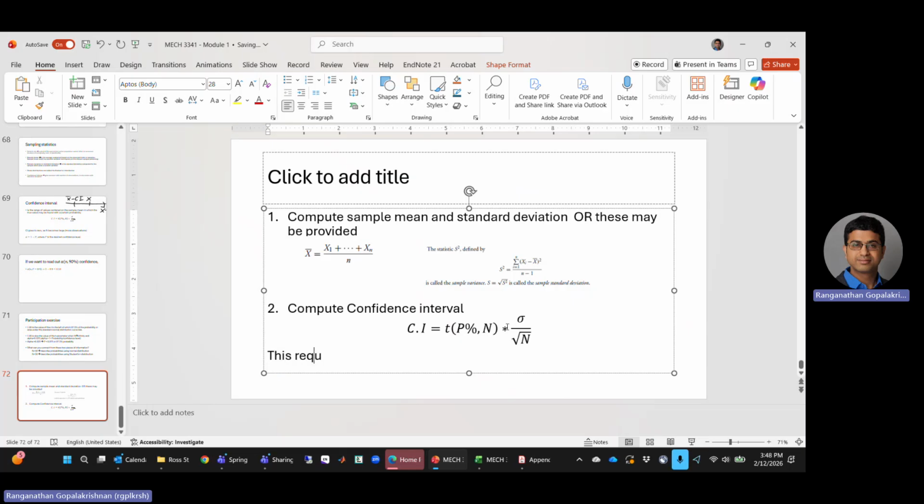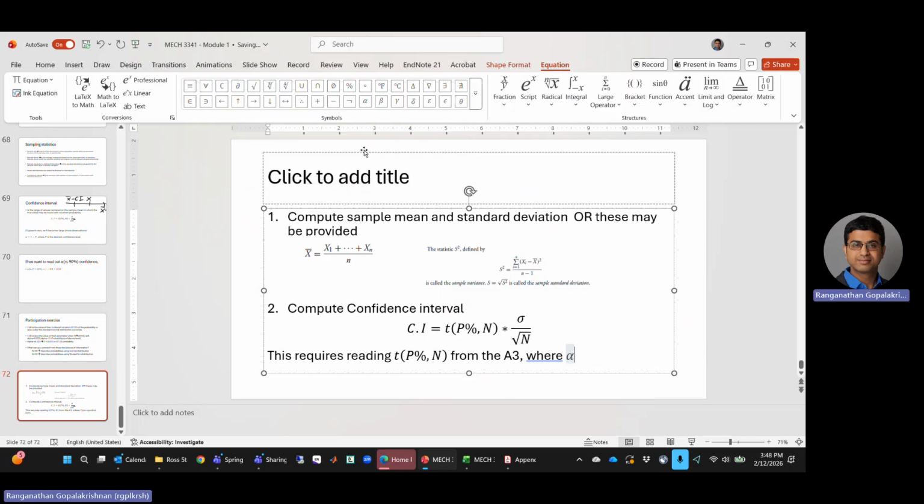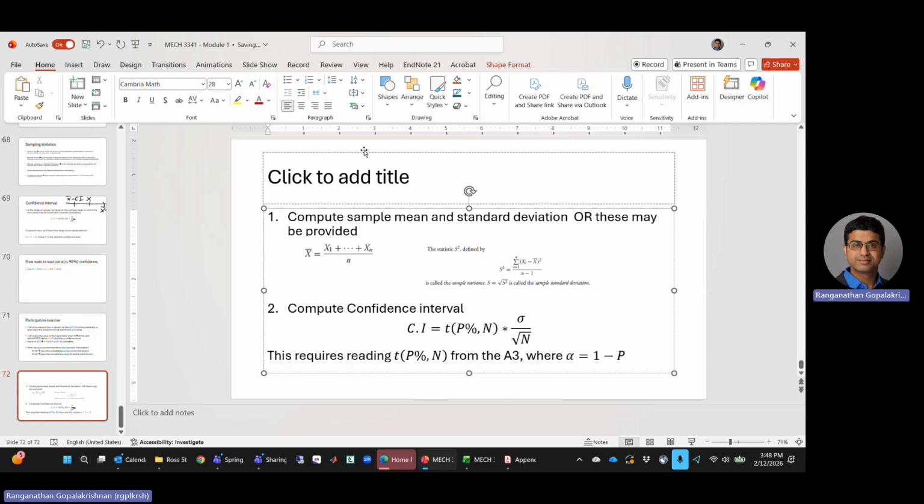This requires reading the t value from the appendix or from A3, where alpha, the parameter that appears in the table, equals 1 minus p. And p is the confidence level. Okay. These are the easy parts.